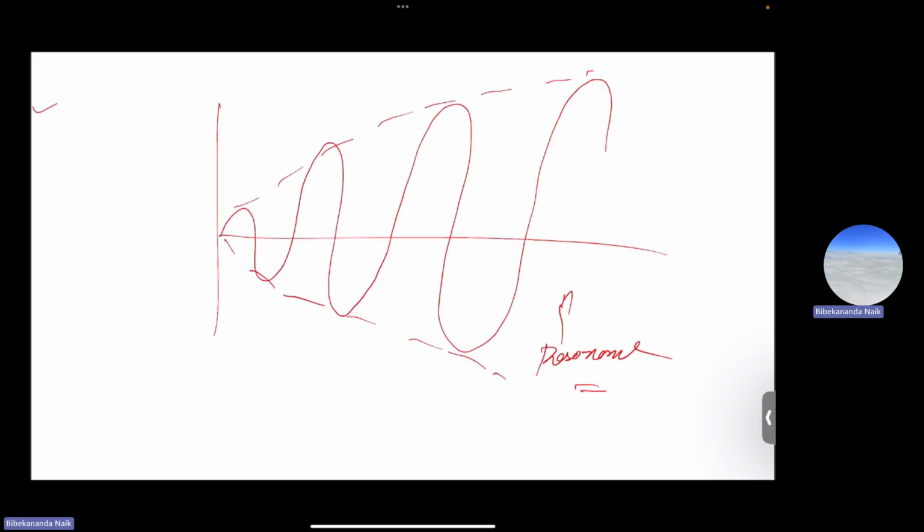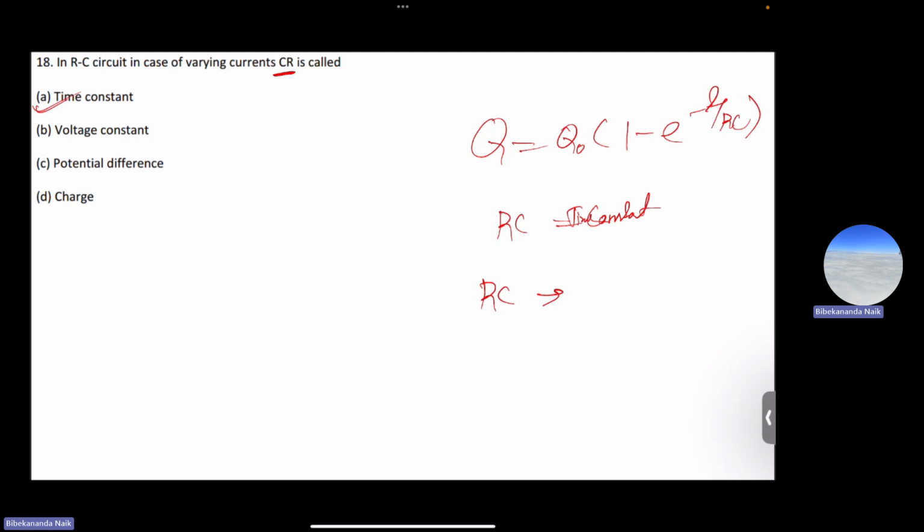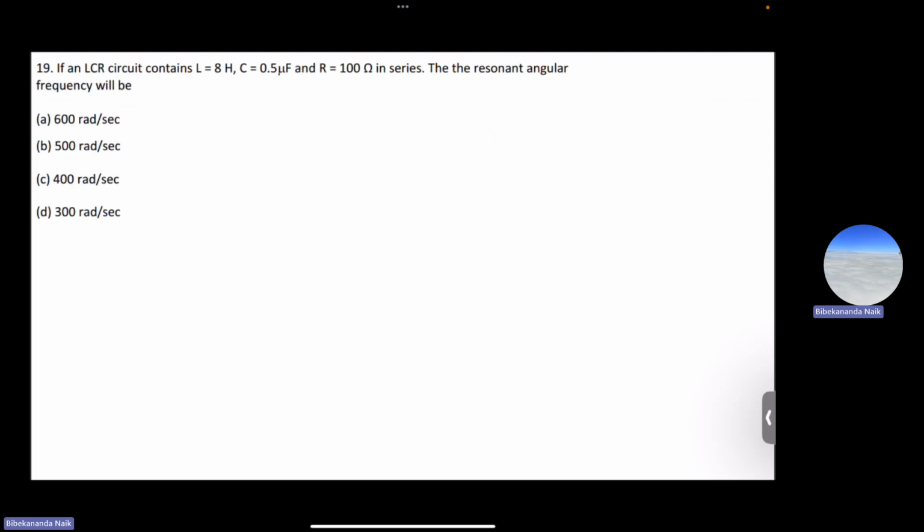So the value of RC is called the time constant. In the last interaction session, we were solving this type of problems related to the concept of RC circuit.